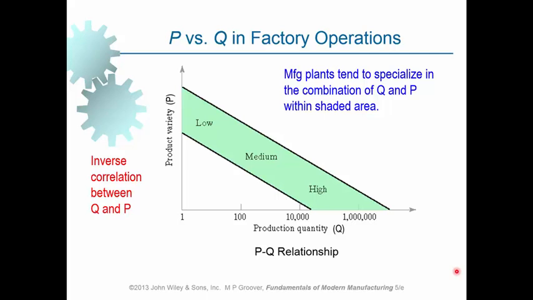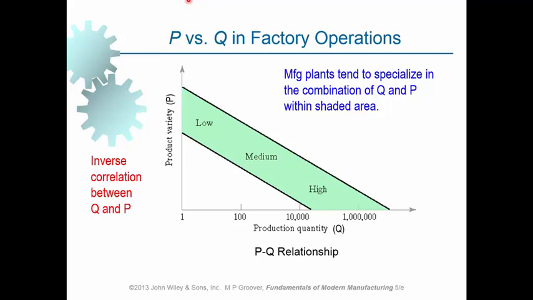Okay, now let's take a look at this slide that is making a comparison, or indeed it's trying to establish a relationship between production variety P and production quantity Q. In the horizontal axis we have got production quantity right here, starting from low going to very high quantity, and in the vertical axis we have got production variety.